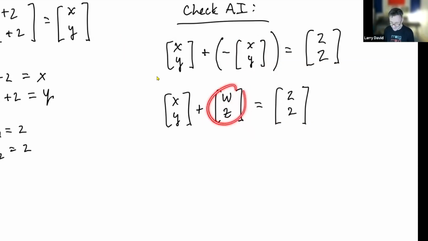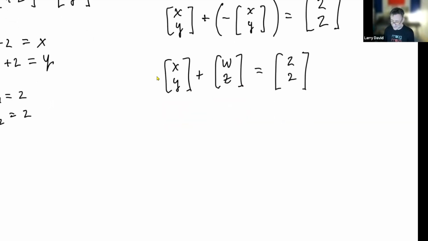I'm going to write it as an arbitrary vector; it doesn't matter what letters I use as long as they're different than the letters that I use over here. Okay, and now we'll do the same thing. We're going to use the definition of addition and the definition of equality and see if we can solve for W and Z.